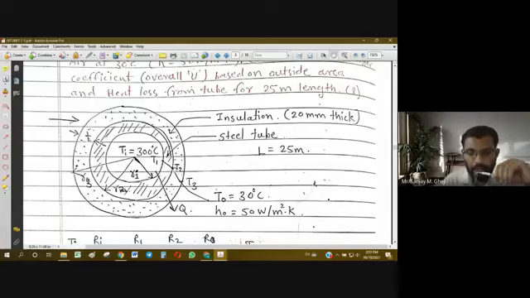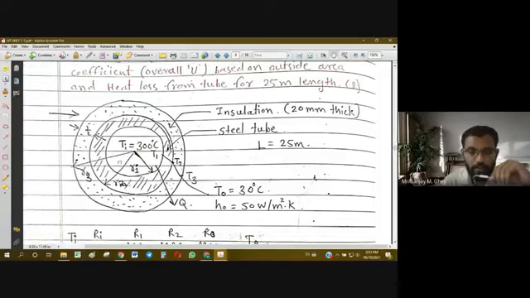Then again from T2 to T3, through the thickness of the insulation, it is again by conduction, because the steel tube and insulation are both solid materials, and from the outer surface of the insulation to the surrounding air it is by convection. So first convection, then conduction, again conduction, and last convection. Because of this we use the theory of composite structures and the theory of overall heat transfer coefficient. So there is a combined convection and conduction mode of heat transfer.